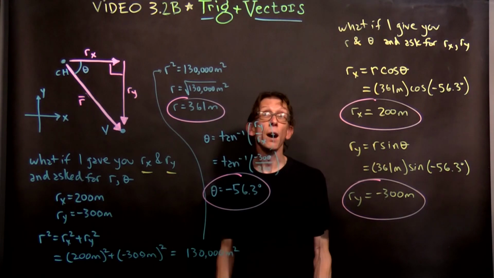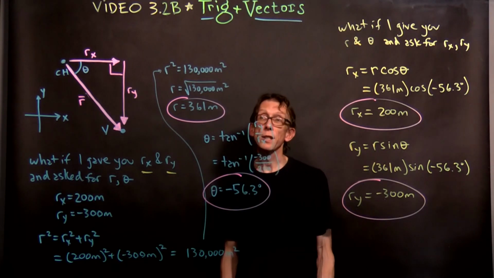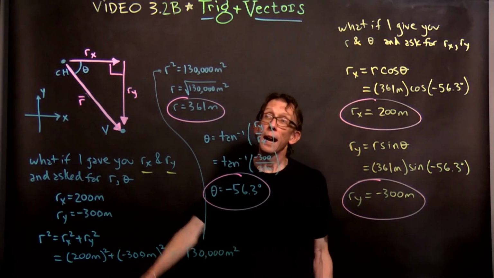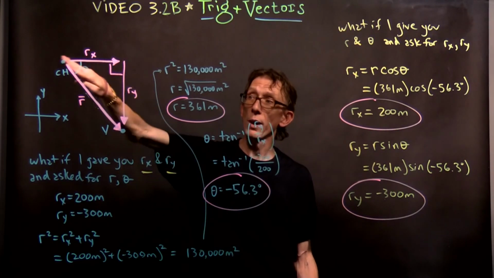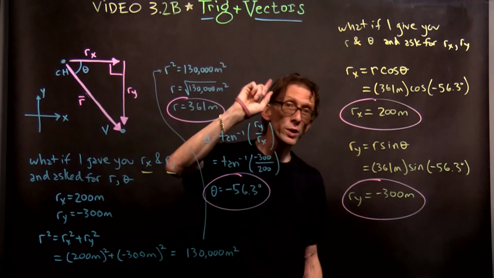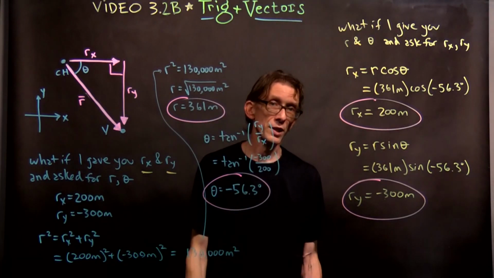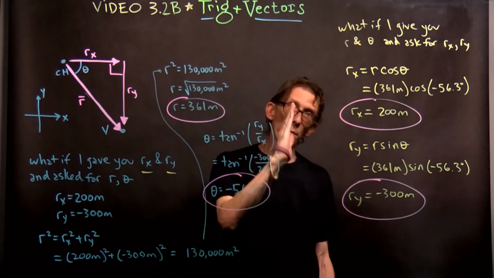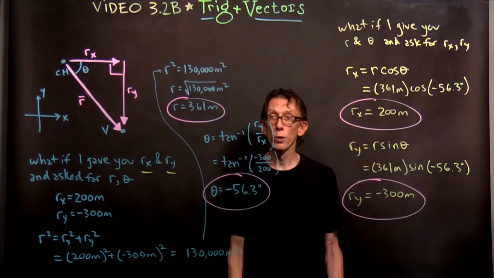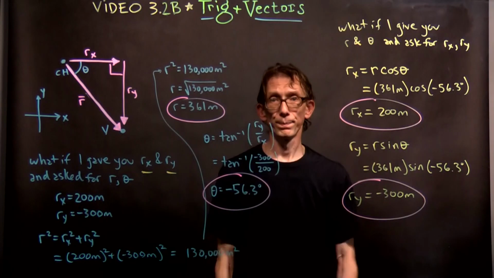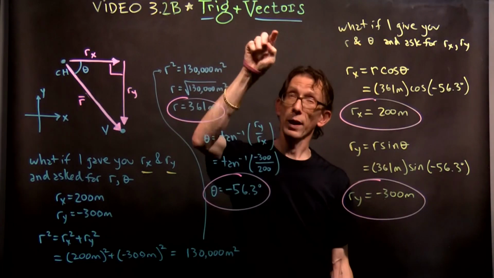That's really the meat of this particular video, is to make the connection that when you have components of a vector and the vector itself, x component, y component, the vector itself, it's always going to make a right triangle. And so you can use the rules of trigonometry to talk about it. And so we've applied the rules of trigonometry here to this vector problem. Trig plus vectors.